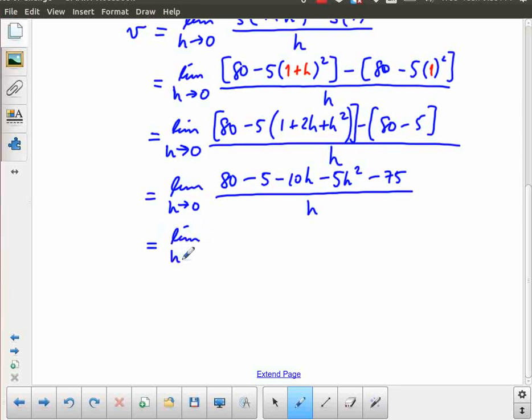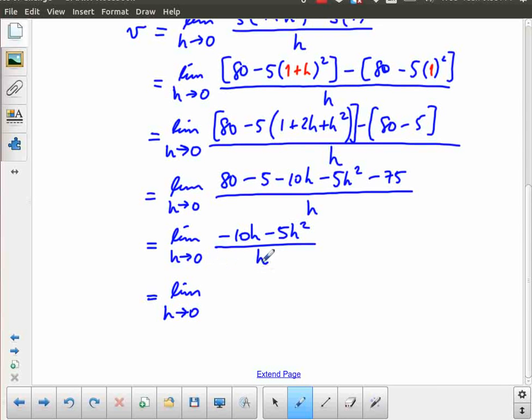The limit as h approaches 0. And if you take a closer look, we've got 80 minus 5 here is 75, minus 75, that's just equal to 0. So all we have left in the numerator there is negative 10h minus 5h squared, all divided by h. And something that I've been trying to stress when we're taking these limits, one of the things we're looking for are opportunities to get rid of or divide out any of the values that are going to go to 0.